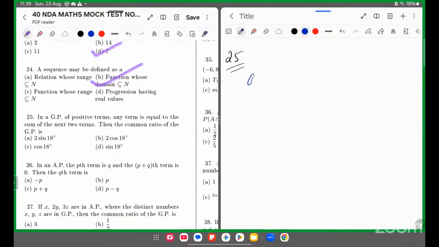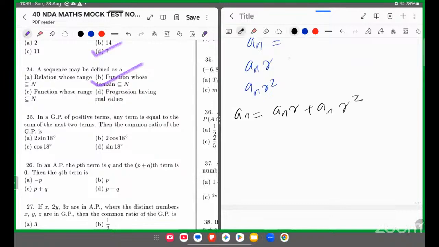That means the nth term is an, the next term is an into r, the next term is an into r square. So here it is given that an equal to anr plus anr square. So an cancels. So 1 equal to r plus r square. That means I can write it as r square plus r minus 1 equal to 0.